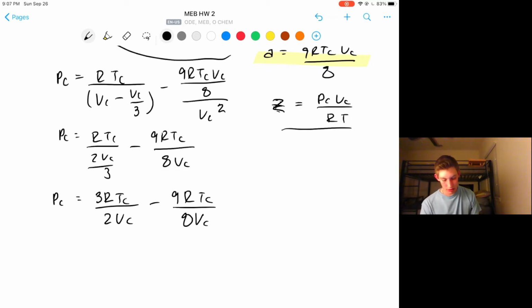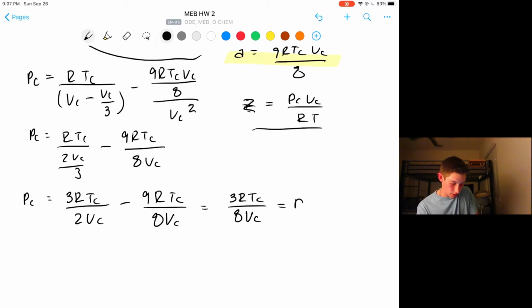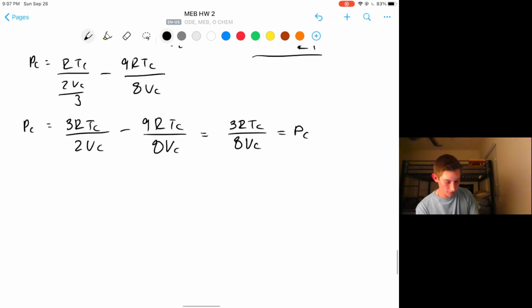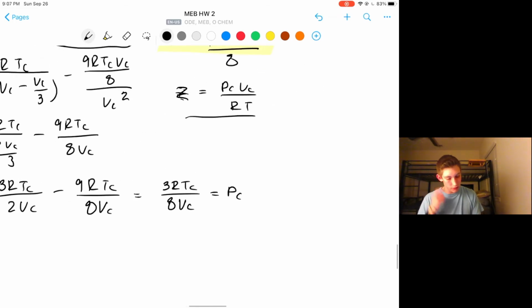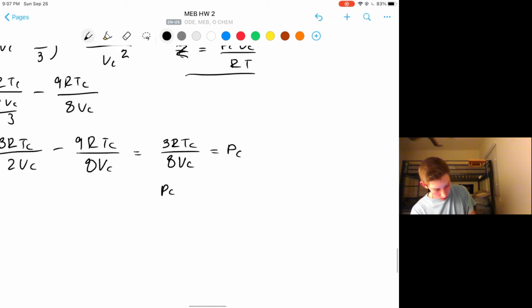If we multiply this left fraction by 4 over 4, we can finally get that this subtracts to 3 times the gas constant times our critical temperature over 8 times our critical volume, and remember this equals our critical pressure. So if we get it in terms of Z, we get that PC times VC over RTC equals 3/8, and this equals Z.